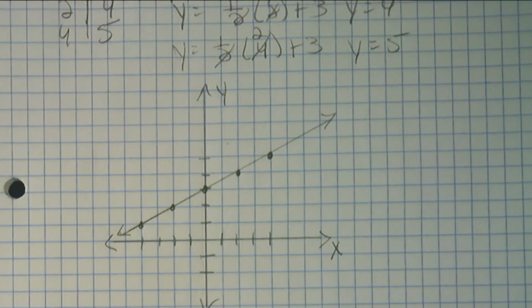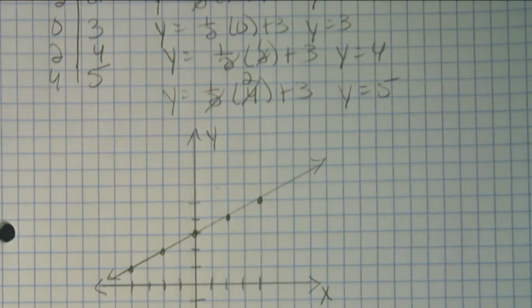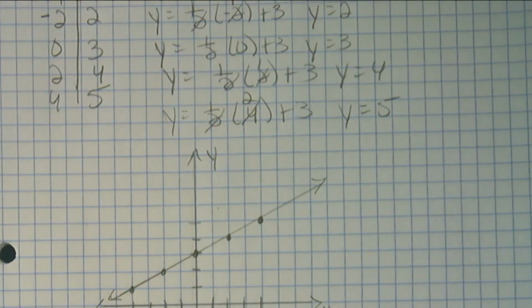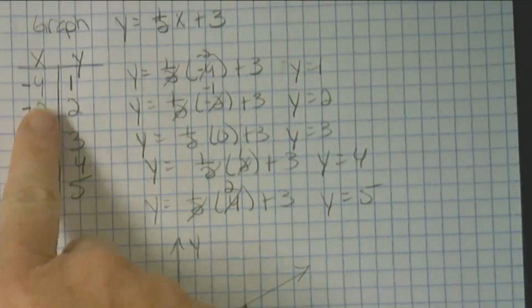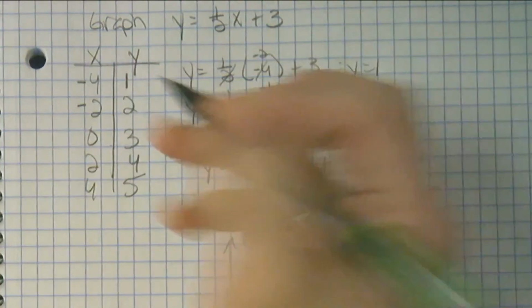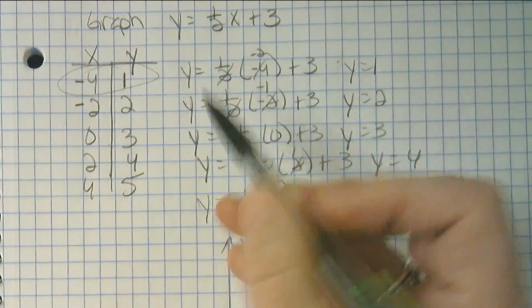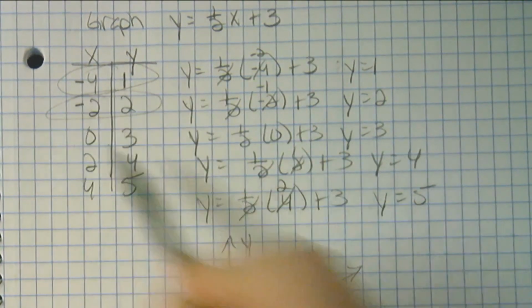Questions on this? So Nick, do you understand? I need you asking questions. What don't you understand? Do you know how to graph? Okay, so all I'm doing is I'm graphing this table. I have the coordinate point negative 4, 1. I have the coordinate point negative 2, 2.